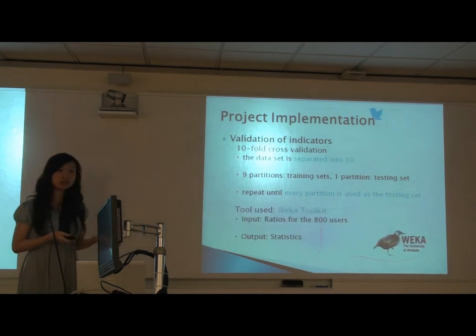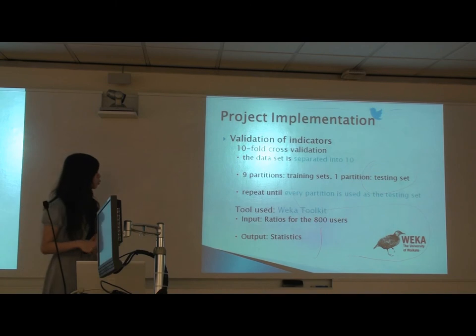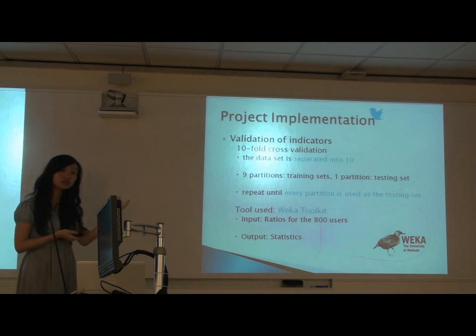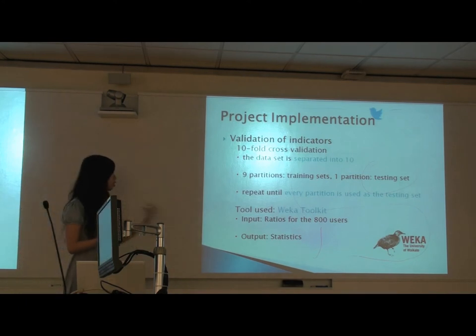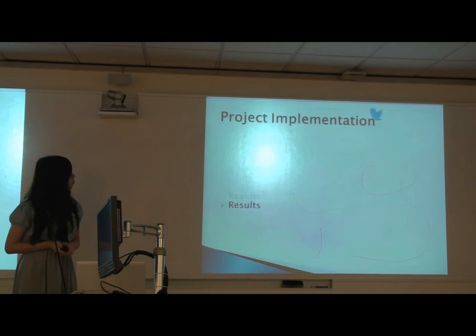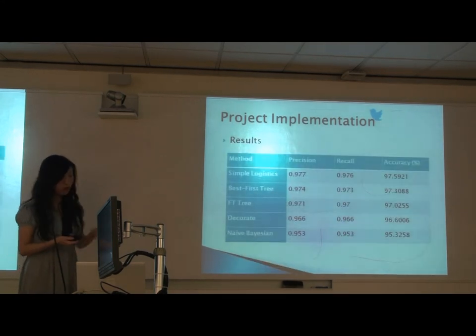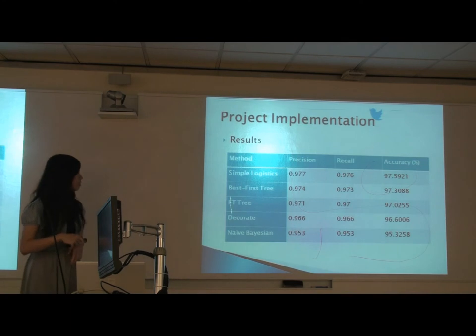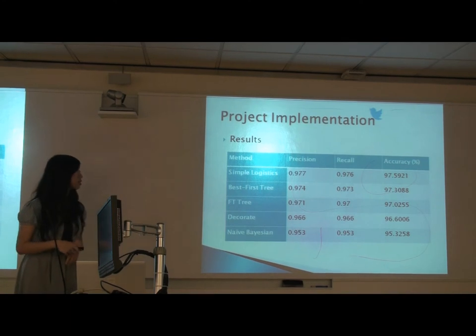So for this project, the tool used will be called the Weka toolkit. The input will be the ratios of the 800 users I extracted from the Twitter server, and the output will be the statistics. So there are different classification methods available in Weka, and these are the five methods that generate the highest accuracy.